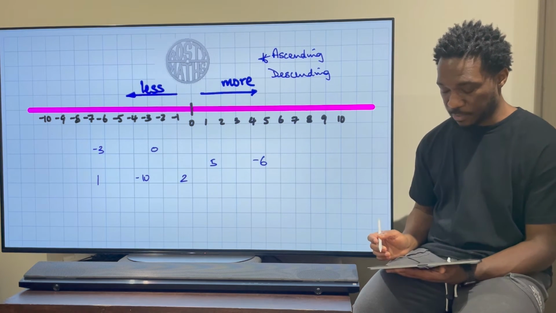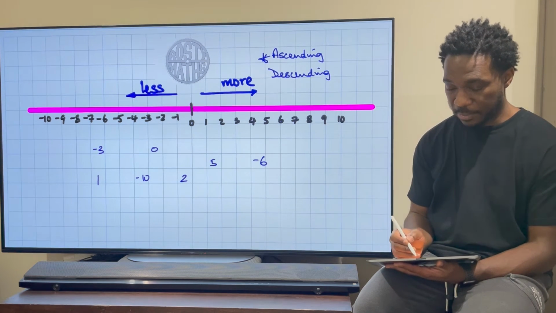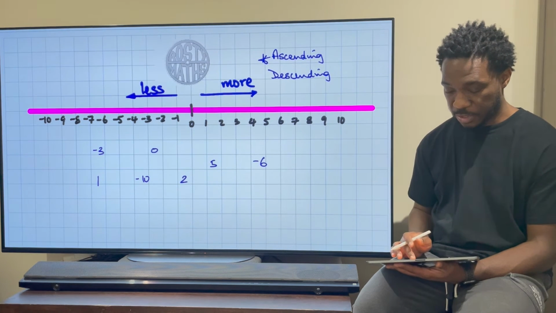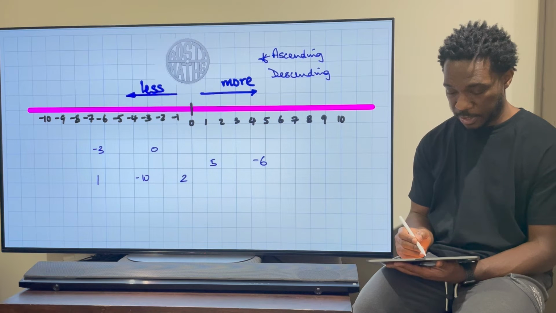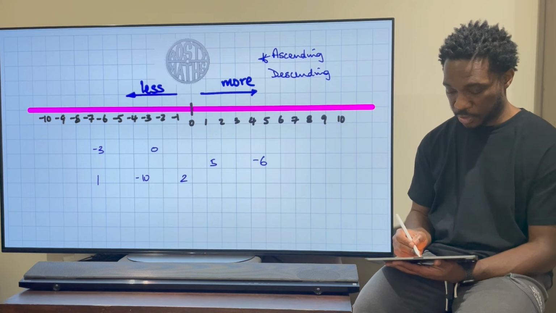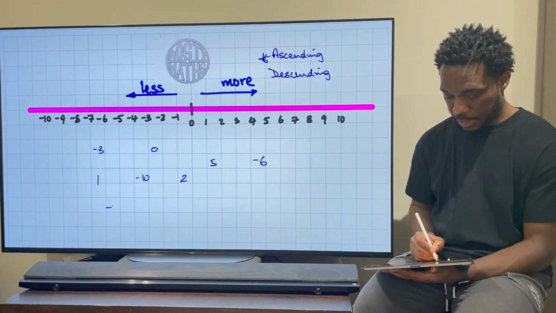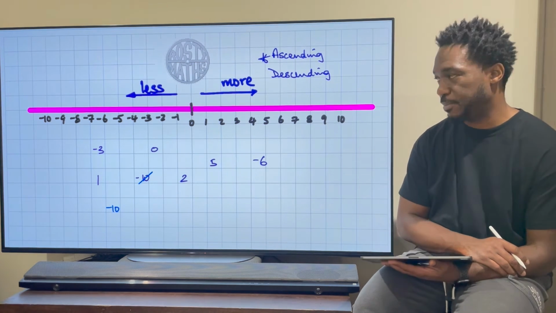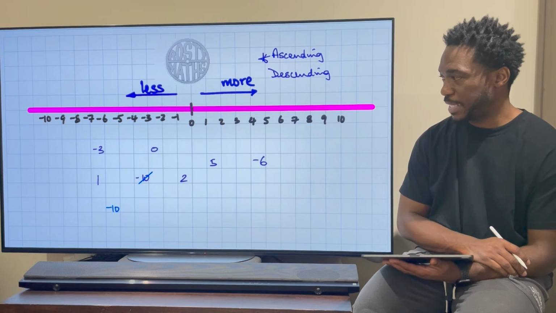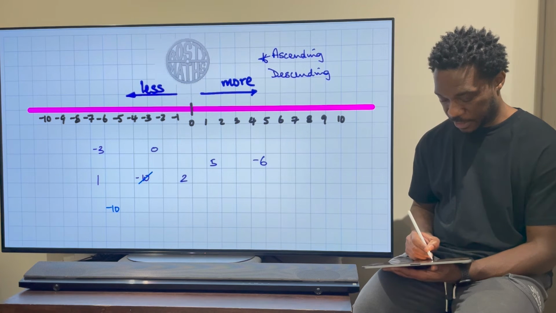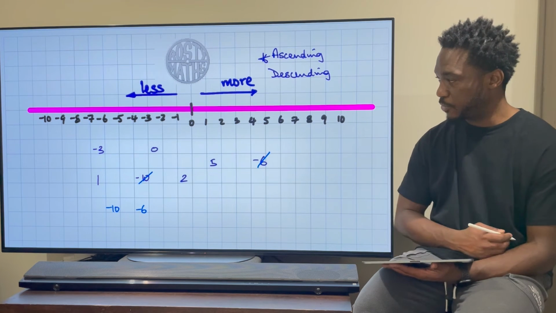So that means I want my smallest number. And my smallest number here is minus 10. Let me just choose a different color. And then we're just going to go minus 10, that's my first number. I draw a line through that because I know I've written that number down. Then what's going to be my next number? My next smallest number is minus 6 or negative 6. Put a line through that.